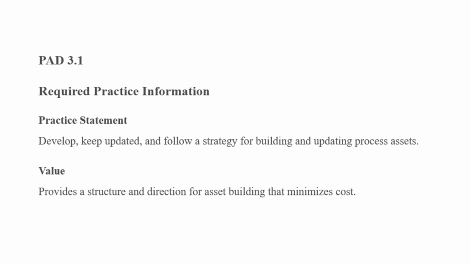Because process work is now taking place across the entire organization, we need to be far more disciplined in how we develop, update, and roll out our process assets, so we need to develop an overarching strategy that delivers the process infrastructure that we need in a cost-effective and sustainable way.